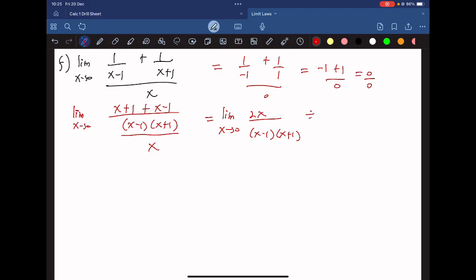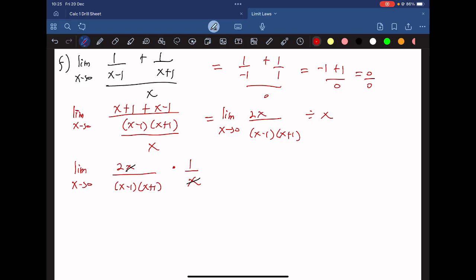This is the same thing, right? So we have limit as s approaches 0 of 2x out of x minus 1 over x plus 1. So now we can find the reciprocal by changing this to multiplication. So this is just 1 over x. Now this x will cancel this x out.